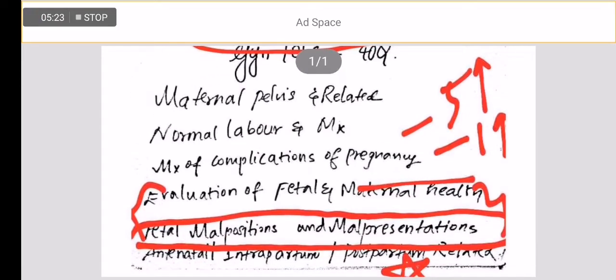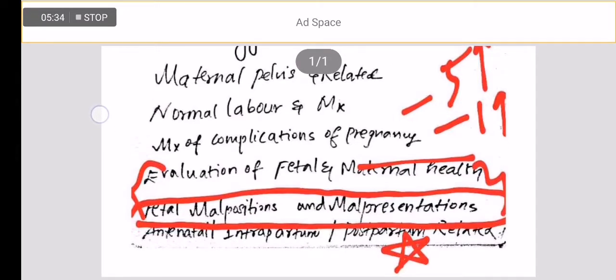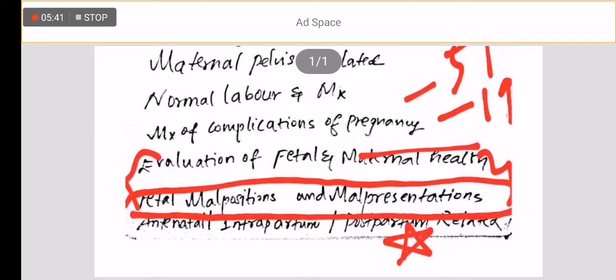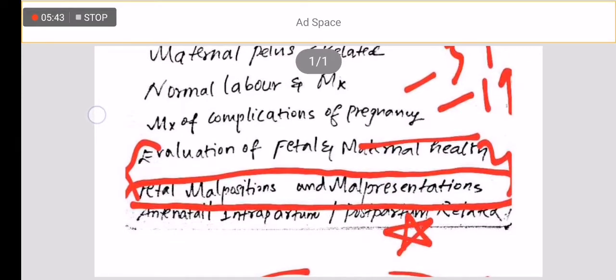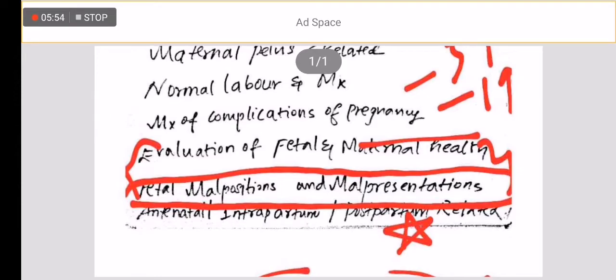And for obstetrics, you have to study the maternal pelvis and related topics, for example contracted pelvis and how to manage it, and pelvis classification, etc. And normal labor and management of complications that may arise during pregnancy, for example abortion, ectopic pregnancy, and other conditions.